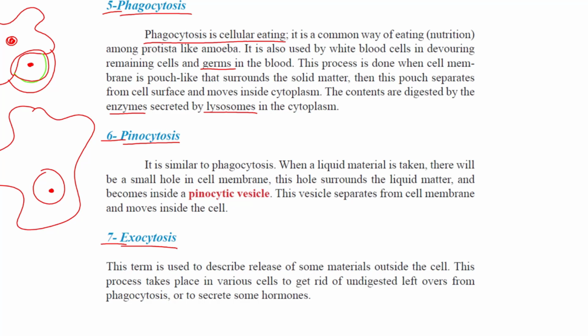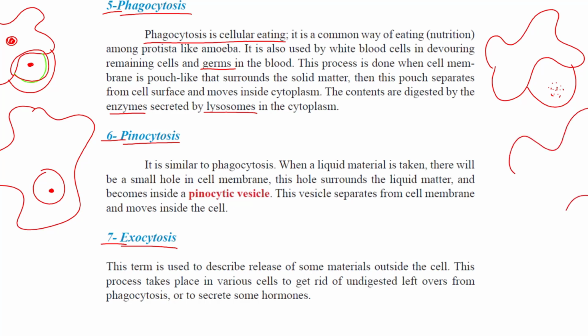For pinocytosis, it is similar to phagocytosis, meaning the mechanism is similar, but this time the organism meets a liquid matter, not solid. When liquid material is taken, there will be a small hole in the plasma membrane. This hole again surrounds the matter and becomes a pinocytic vesicle.